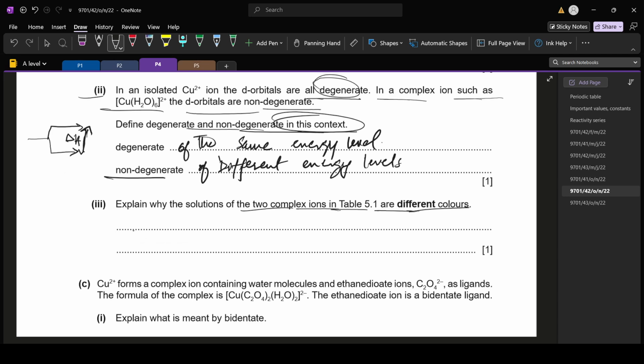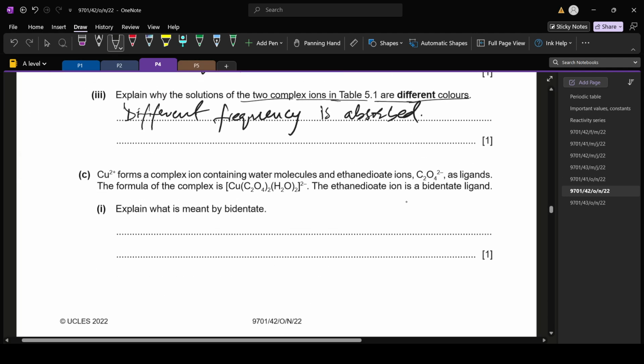So you will write different frequency or wavelength is absorbed. That's why the complementary color is different, but you are not required to write that, because this is only a 1 mark question.